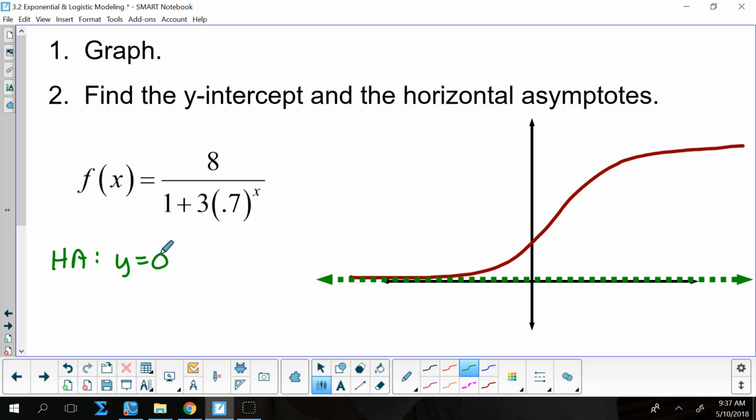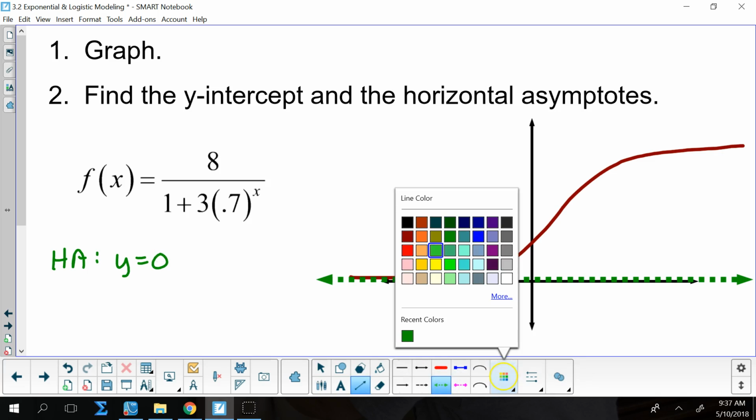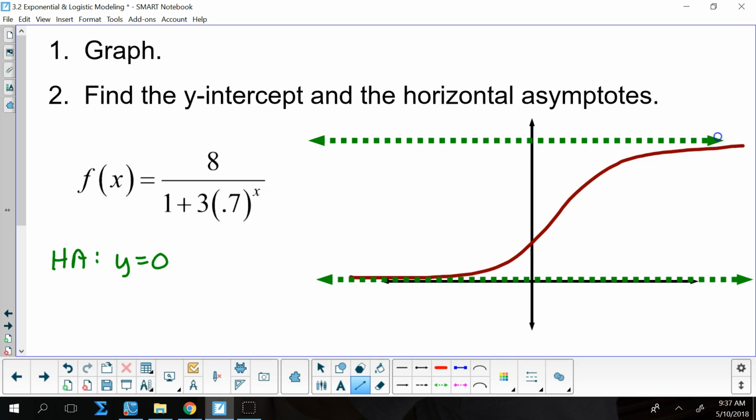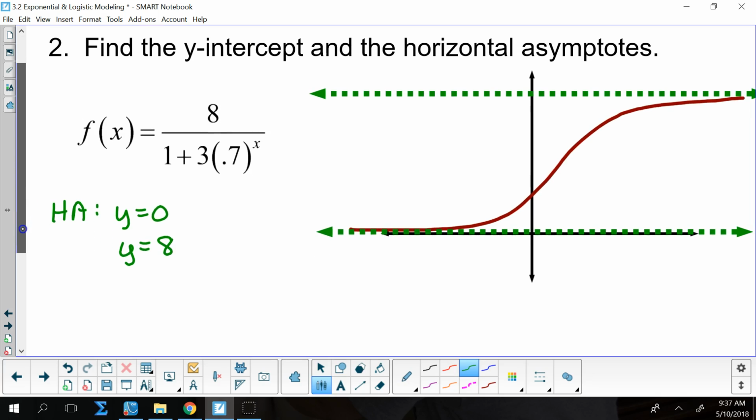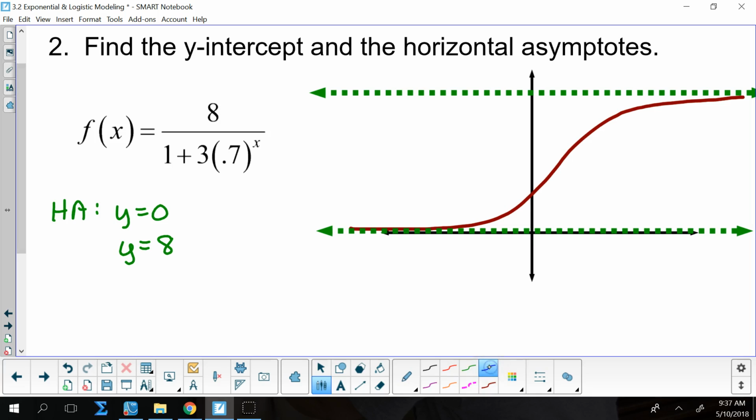What is my upper horizontal asymptote? Y equals what? 8 is my upper horizontal asymptote. What is my y-intercept?